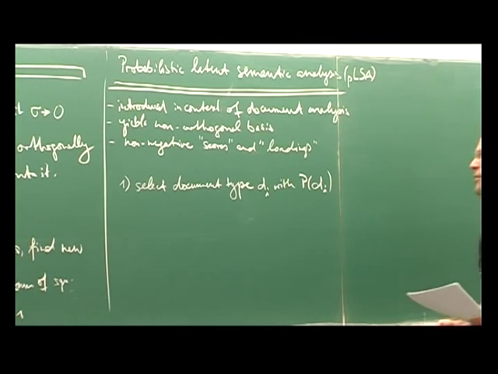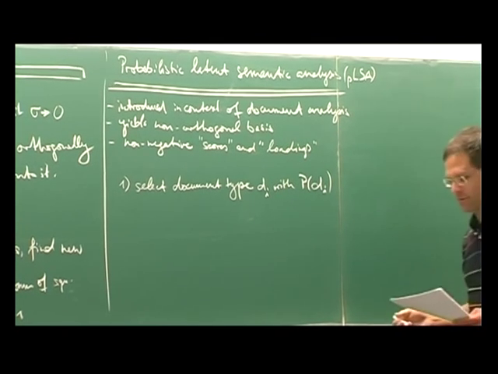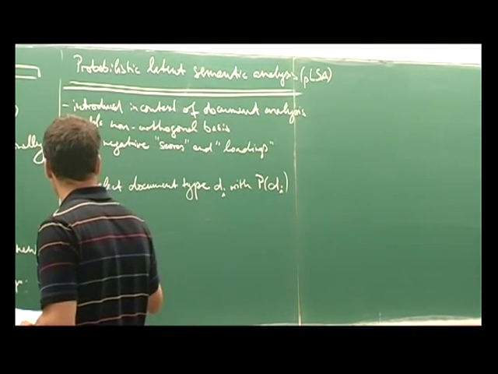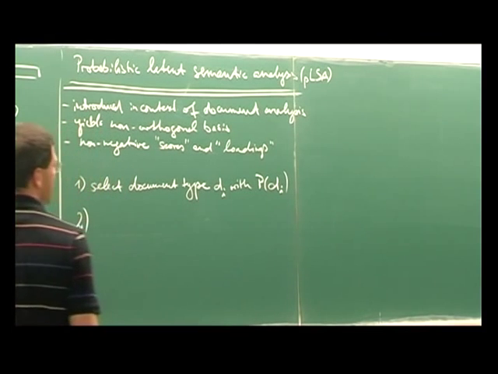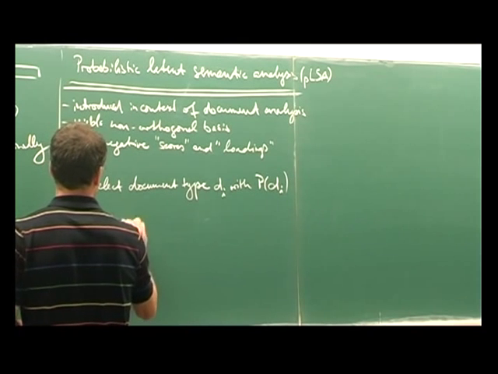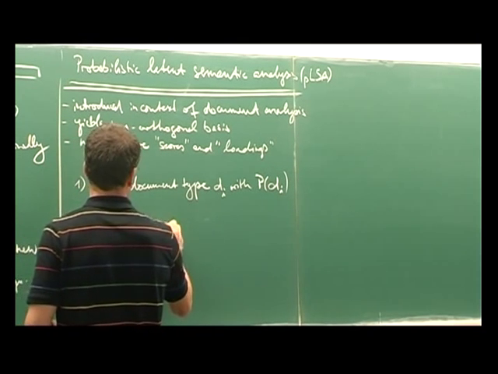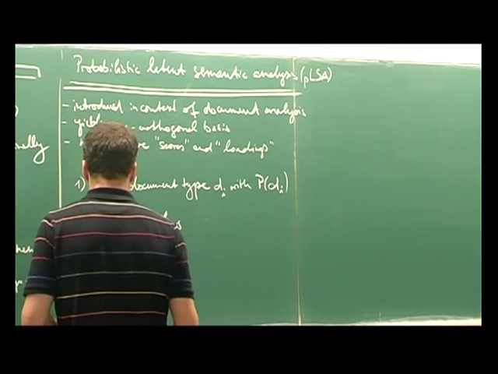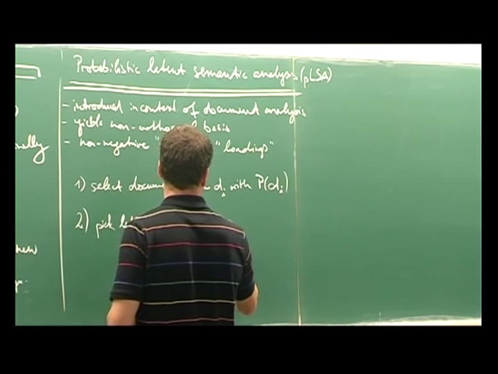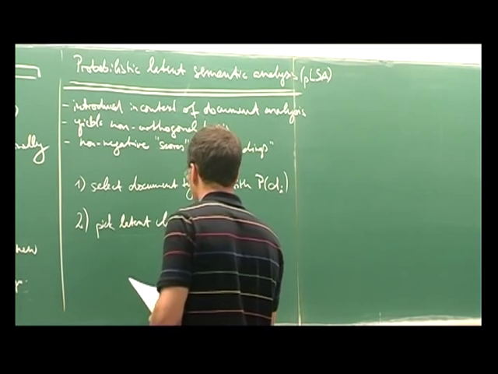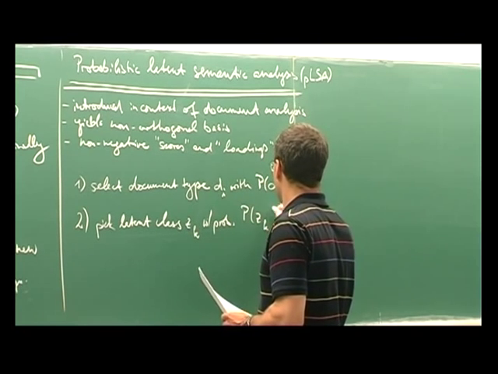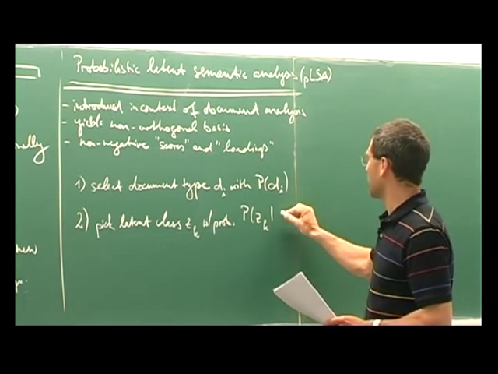And behind this is a multinomial distribution, which is parametrized by a vector of numbers. Then, given this document, you pick a latent class with a probability that only depends on the document type.